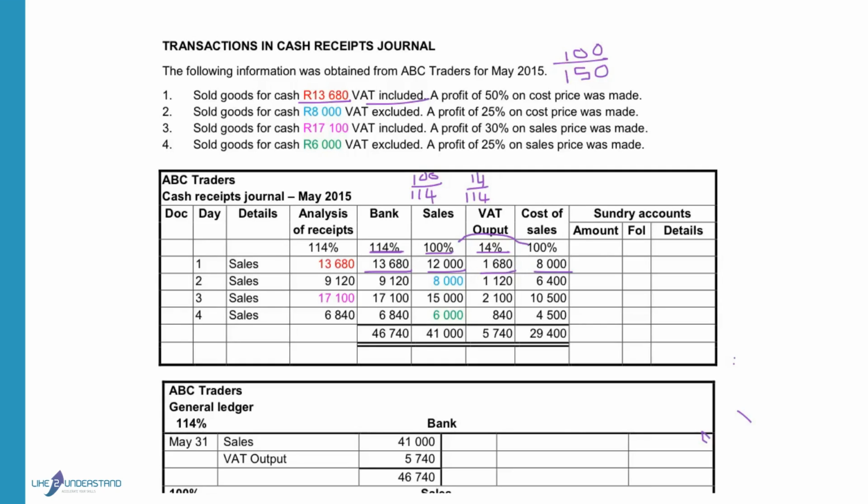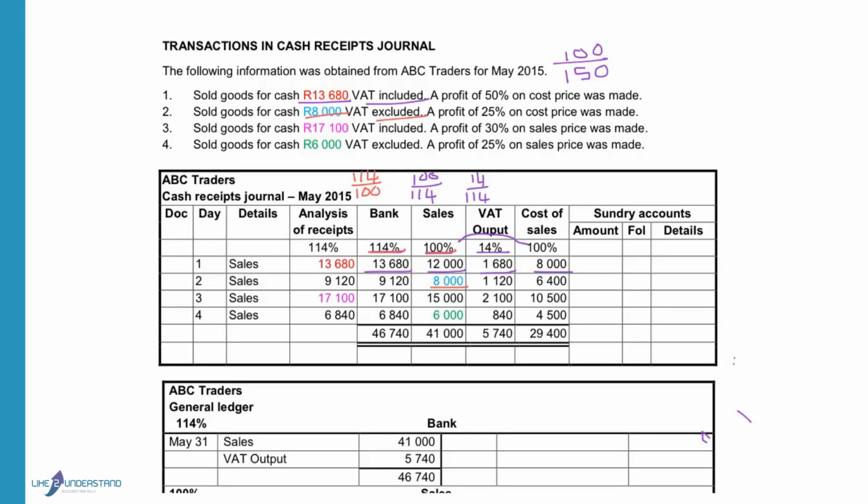Sold goods for cash 8,000, VAT excluded. So that means the sales price is given as 8,000. If we want to work out what is the total amount that must be written in the bank column, then the one that we want is 114, divided by the one that was given is 100, times 8,000, and that will give me 9,120.